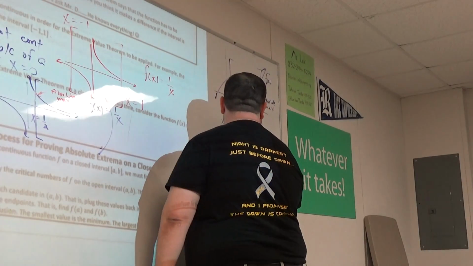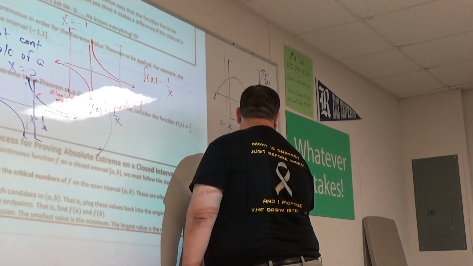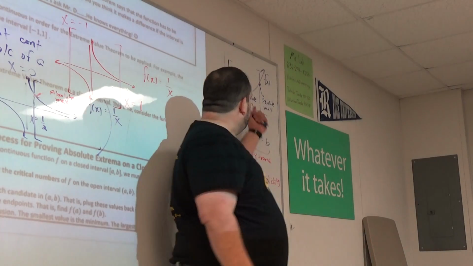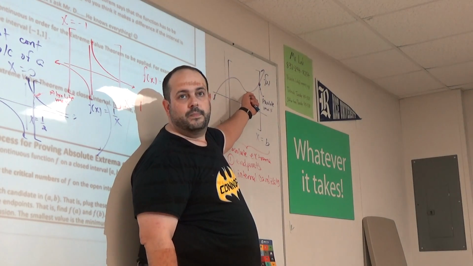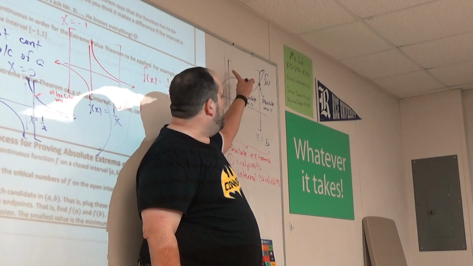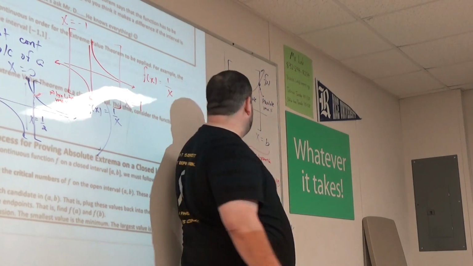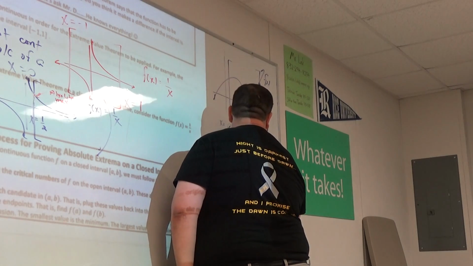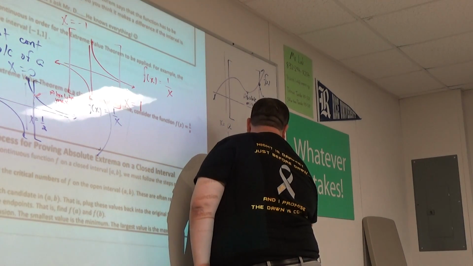The second place, I'm going to call your internal candidates. The internal candidates is a point like this guy over here, your absolute minimum. In my case, it happens on the inside. That absolute minimum is an internal candidate, and the way we're going to find it, we're going to look to see where the function equals 0, or where the function is undefined.